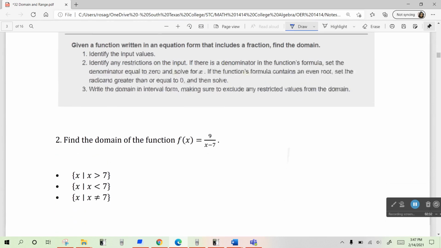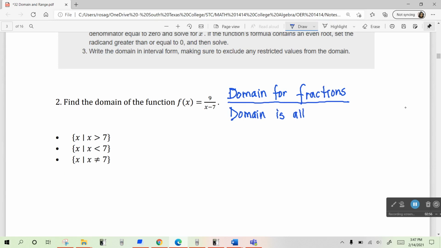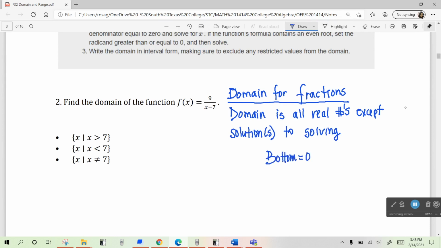Find the domain of the function. When you're talking about domain for fractions, basically, this is how you find the domain.